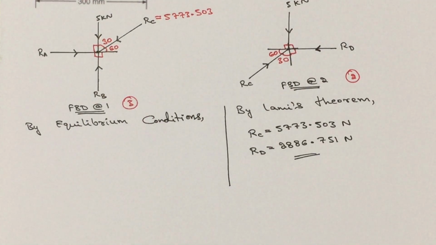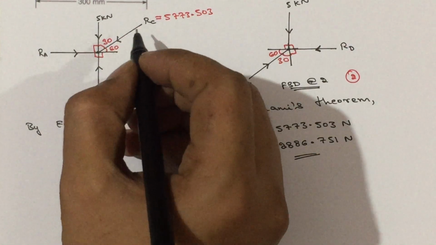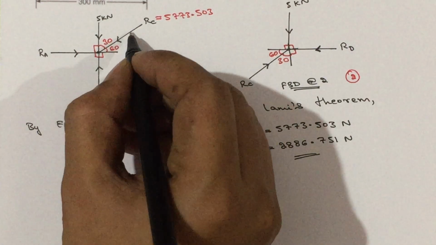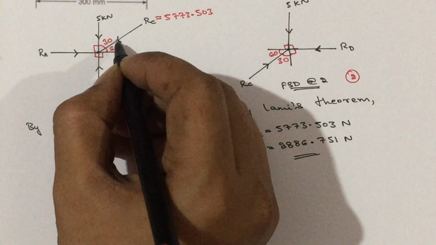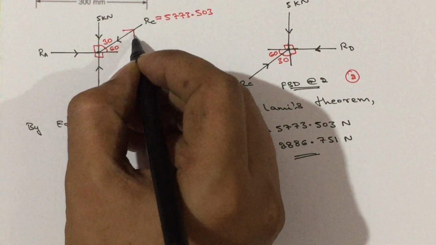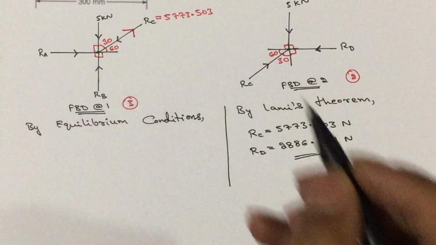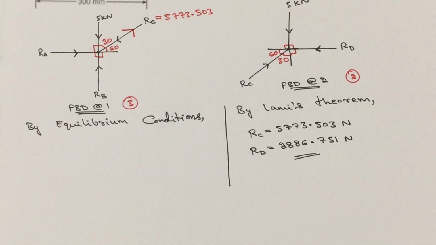If we are using equilibrium conditions, we need to know the horizontal angle as well as split up the inclined forces. This is the inclined force, the horizontal angle is known, so split it by drawing a nearby horizontal line and vertical line. Now calculate sigma Fx equal to 0 and sigma Fy equal to 0.